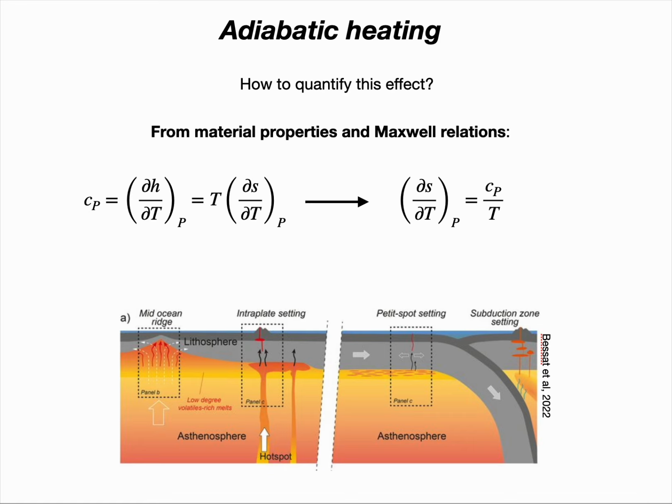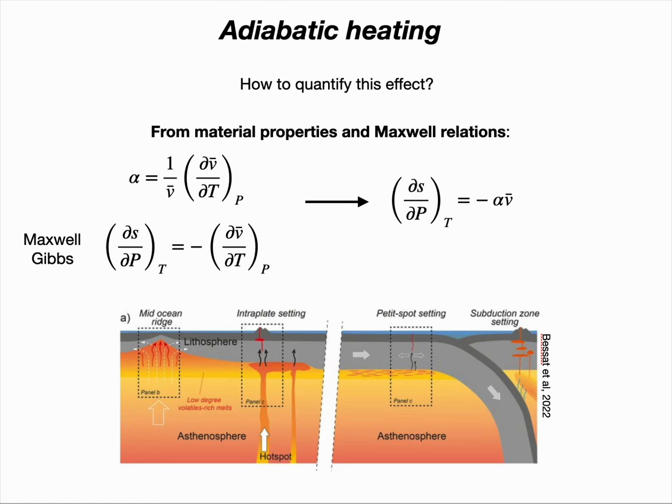We also need to recall the material properties and some of the Maxwell relations. Remember, earlier we've introduced Cp as T dS/dT. Therefore, dS/dT is Cp over T. We're going to use that. Now, I'm introducing the expansivity alpha again, 1 over V dV/dT. And remember, we had the Maxwell relationship for Gibbs energy.